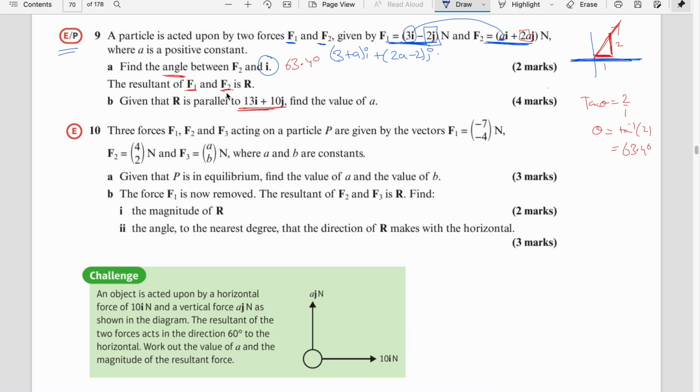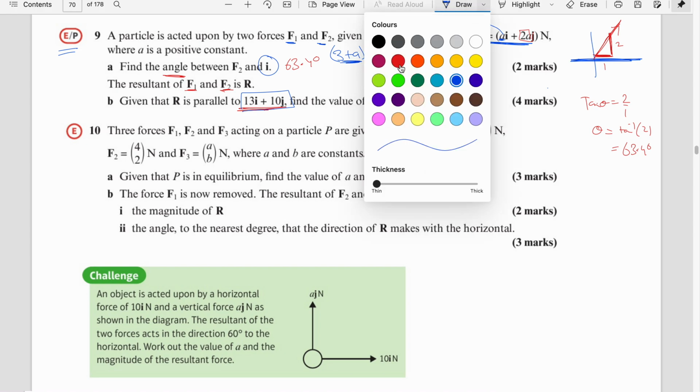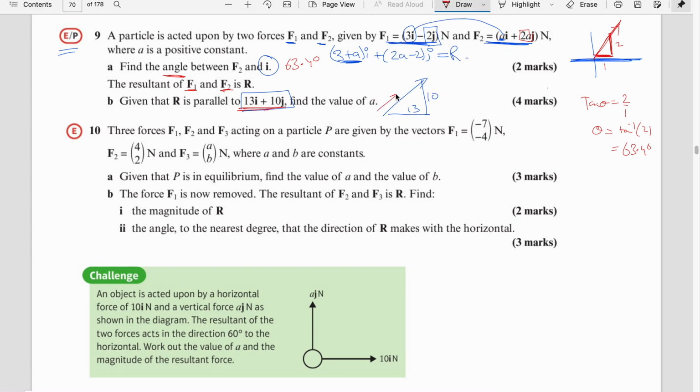The resultant of F1 and F2 is R, so this is equal to R. And it is given that R is parallel to this. So this right here says x is 13 and y is 10. So whatever this is, let us say that it lies right here.